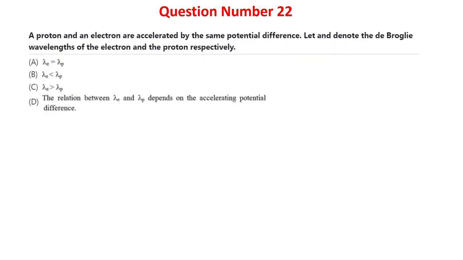Question number 22. A proton and an electron are accelerated under the same potential difference. Their de Broglie wavelengths are respectively connected through the relation. So lambda is inversely proportional to momentum. Clear?